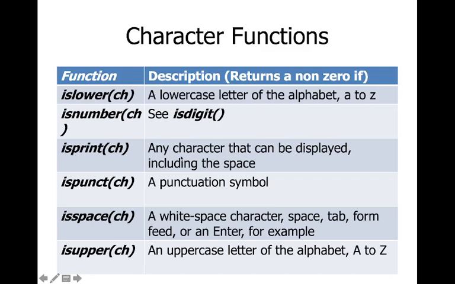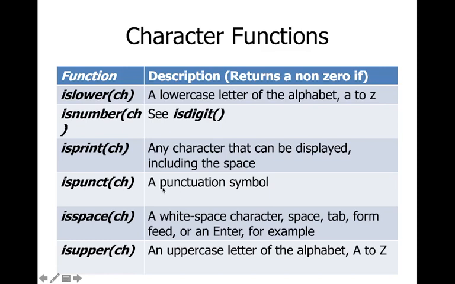Then isprint of ch. Any character that can be displayed, including the space. So it will consider the space also. isprint will check whether it is a printable character. Non-blanks and also white spaces are included in isprint. So all these are also testing functions. Then ispunct is there.